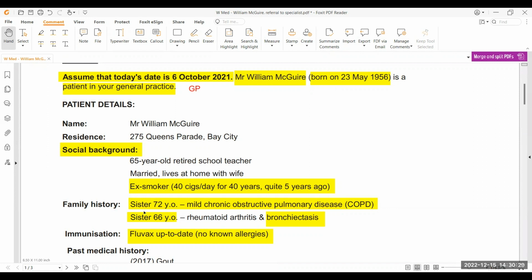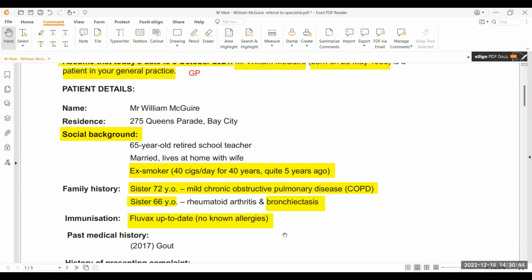Also will be relevant to mention about the family history of two sisters, okay, having COPD and the other one having another condition, bronchitis, and then giving information about his immunization and also that he has no known allergies. Because you're introducing your patient to this person because they don't know each other. The specialist is not familiar.